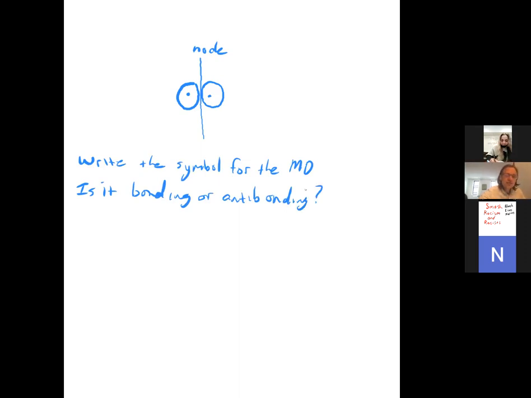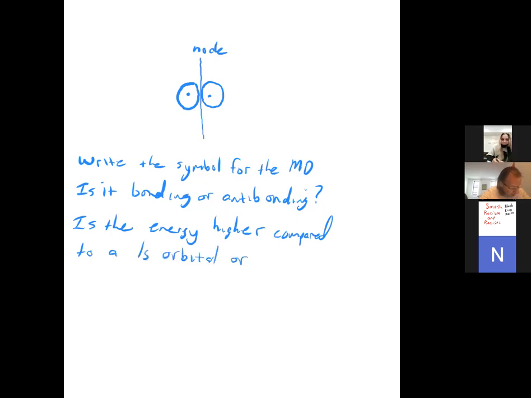And then they ask you, is the energy higher compared to a 1s orbital, or lower? Okay, so there's 3 questions here.